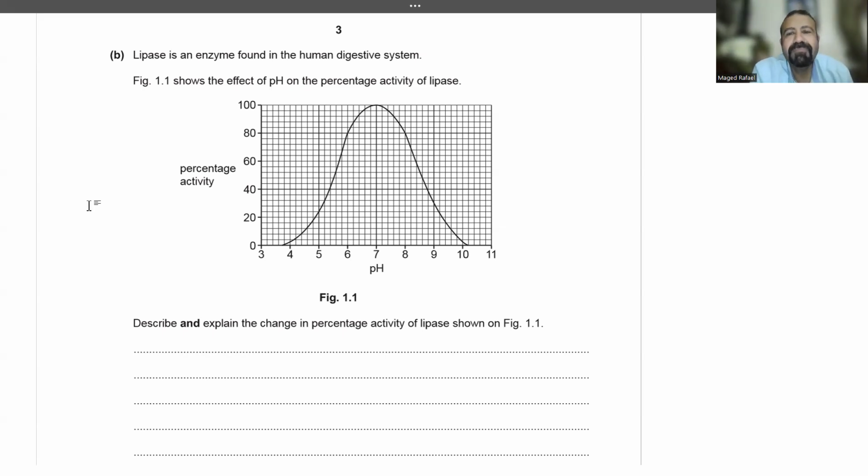She learned from me how to steal the first mark from the examiner. She mentioned first what increased, and then she will definitely say something about the optimum and what happened after. If you want to link a description to the explanation, fine. If you want to describe first, then explain, it's perfectly fine for me.